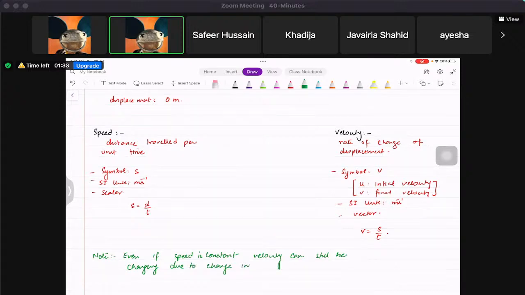Okay, so in a circle they might have the same value of how they're moving, but basically you guys need to understand that the direction may change. That would change the velocity but not the speed. Is it clear, everybody? Any questions now?